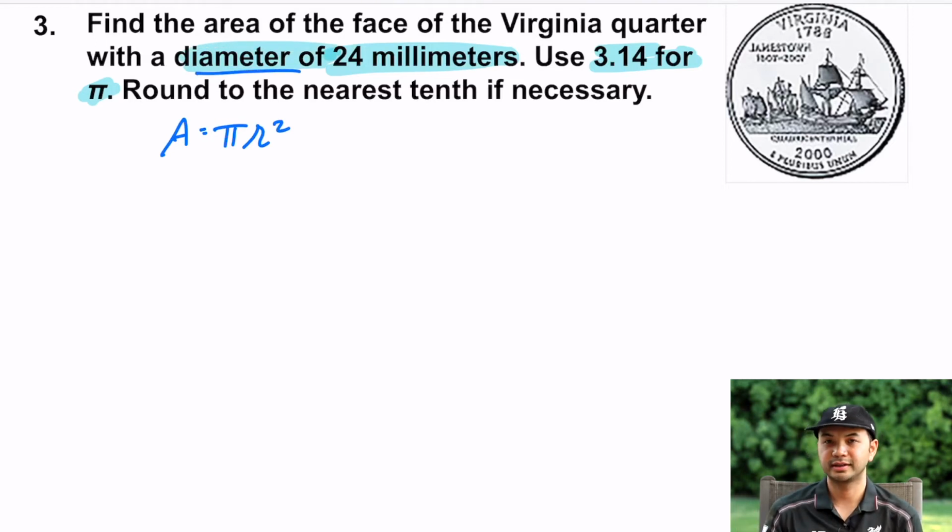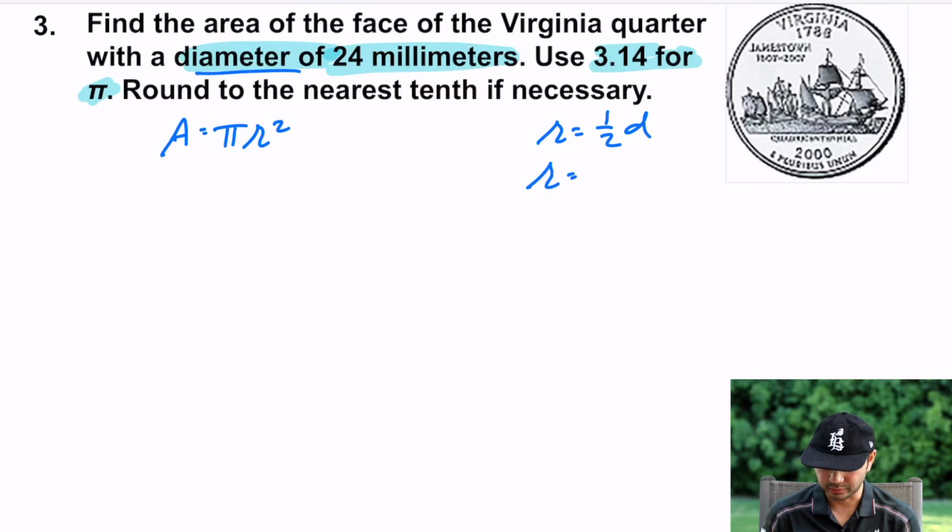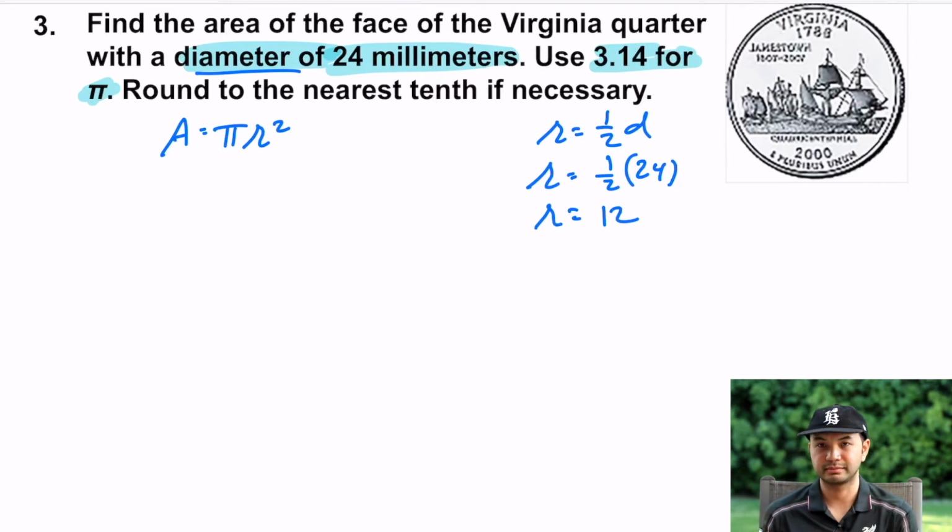You cannot find the area of a circle using the diameter. You have to find the radius first. So radius is 1/2 of the diameter. So the radius is 1/2 of 24. So the radius is 12. I'm not going to keep doing this each time, but just to show you that, that's what you have to think of. You have to get the radius first.